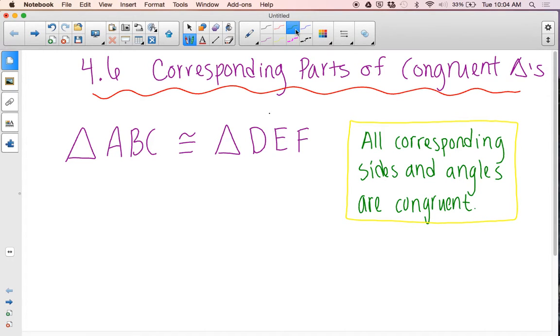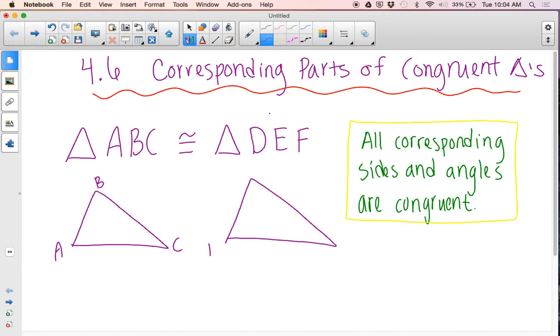So to illustrate this, let's draw a picture. So triangle ABC, let's say it's this guy, ABC, and here's triangle DEF. So what I know here is that angle A corresponds with angle D. And because they're corresponding angles, they have to be congruent because these triangles are congruent.